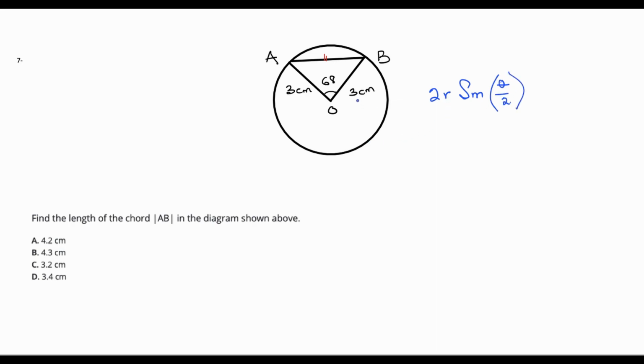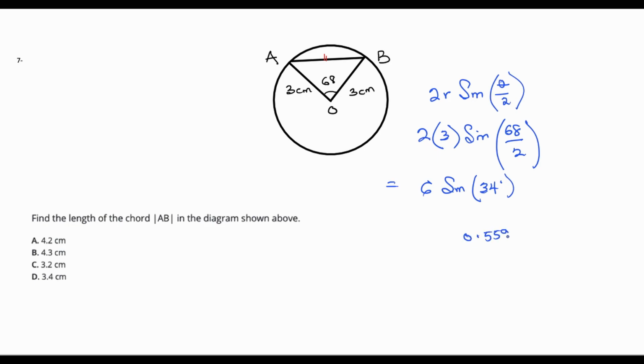So our r in this case is 3 centimeters. So we have 2 multiplied by 3 sine, and theta is the angle we have here, 68 divided by 2. So we have 2 multiplied by 3 is 6 sine. 68 divided by 2 is 34 degrees. So sine 34 degrees is equal to 0.5592.